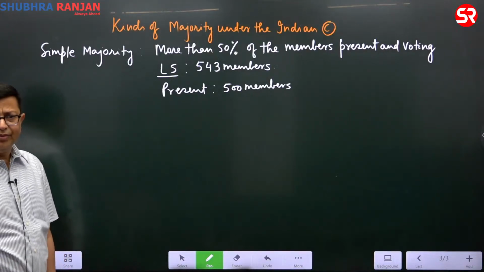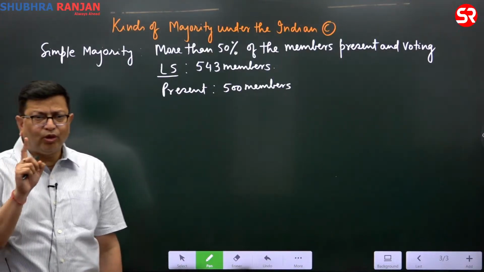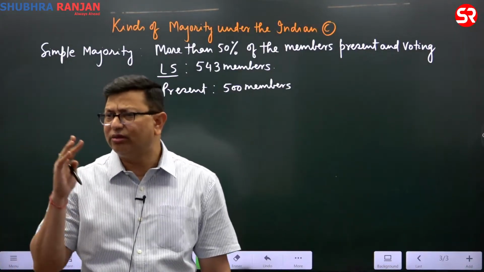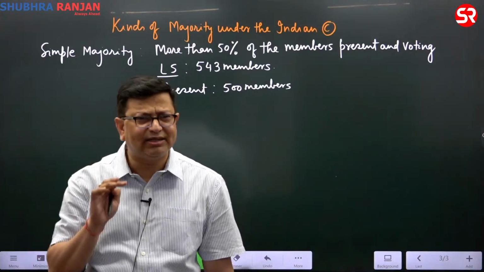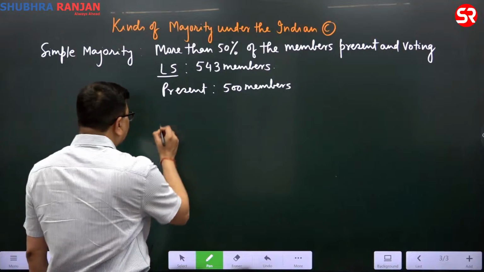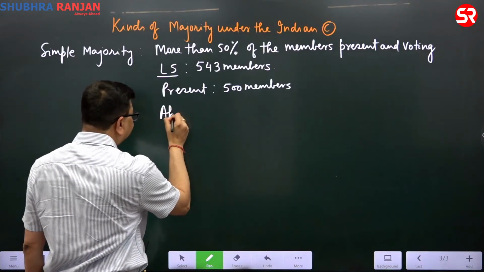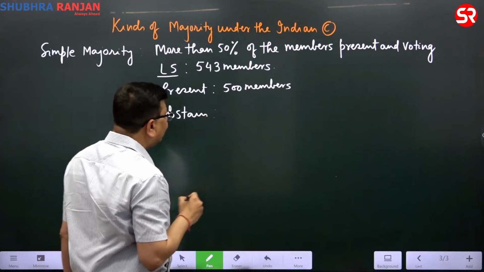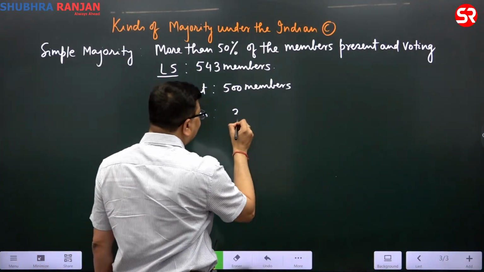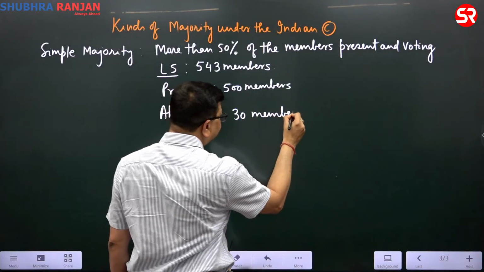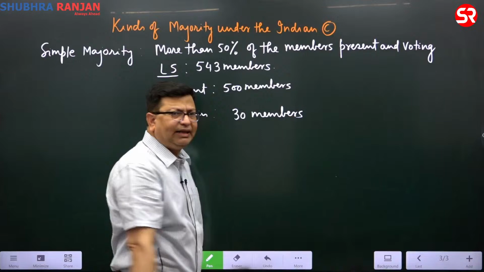and if the voting takes place, it is not necessary that all the members should vote. It is not necessary. So suppose during the voting 30 members abstain.